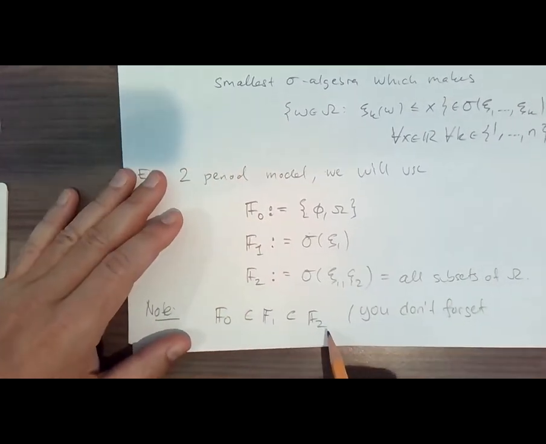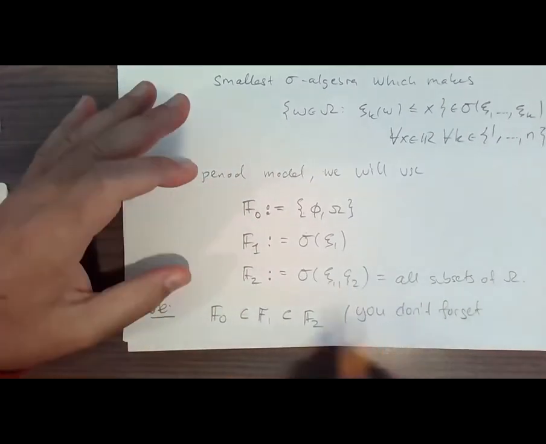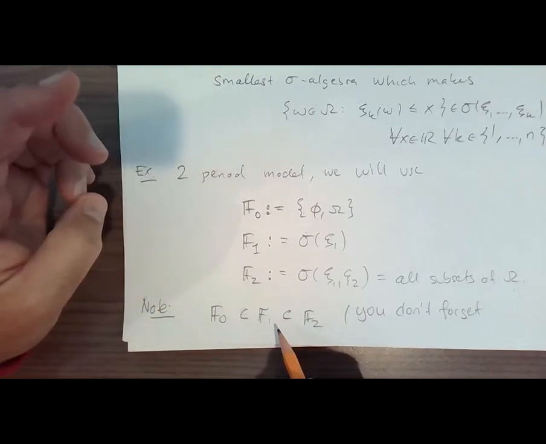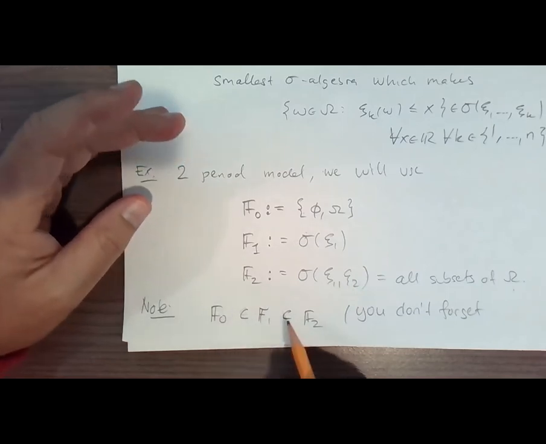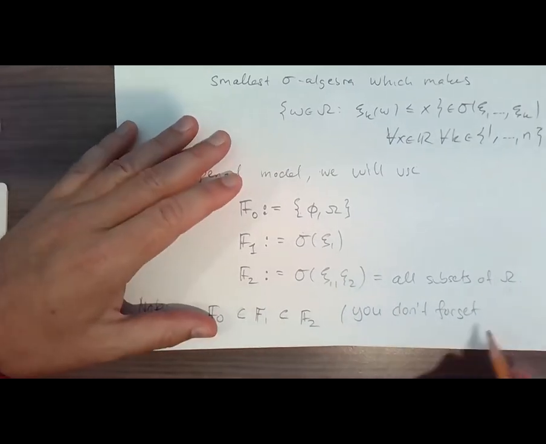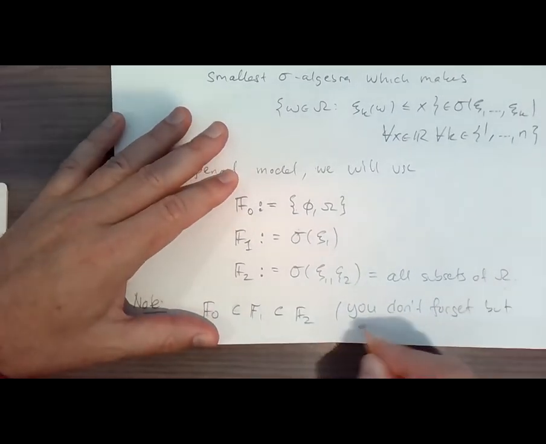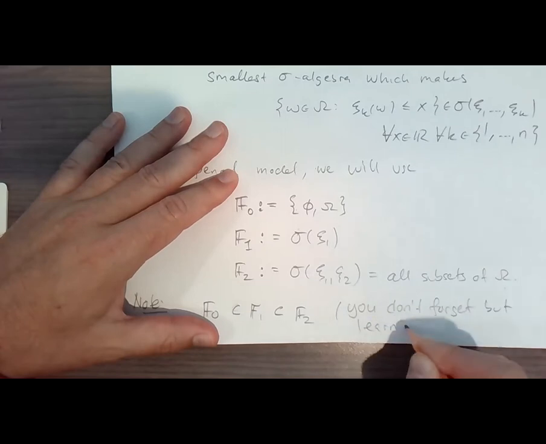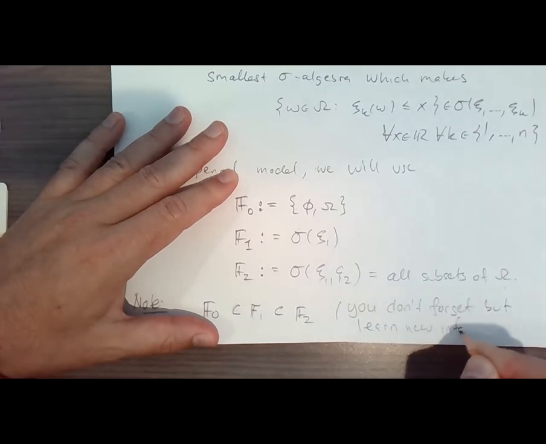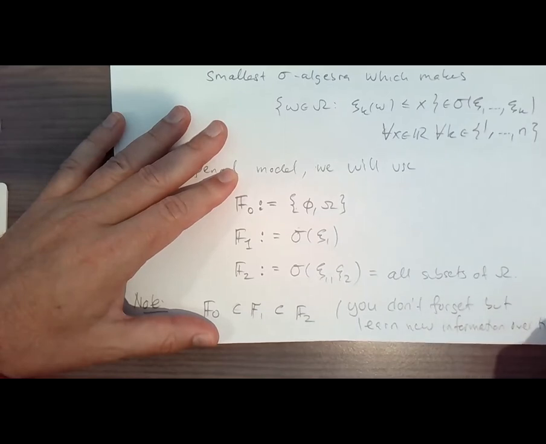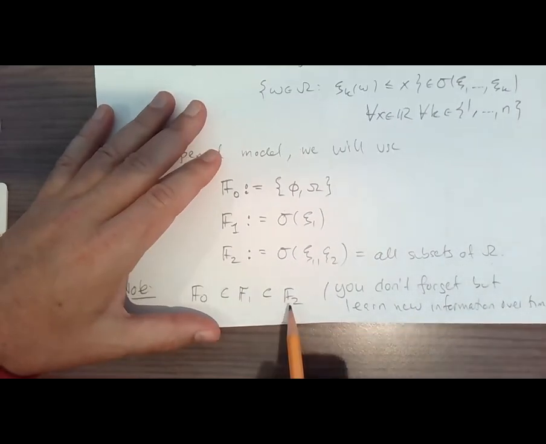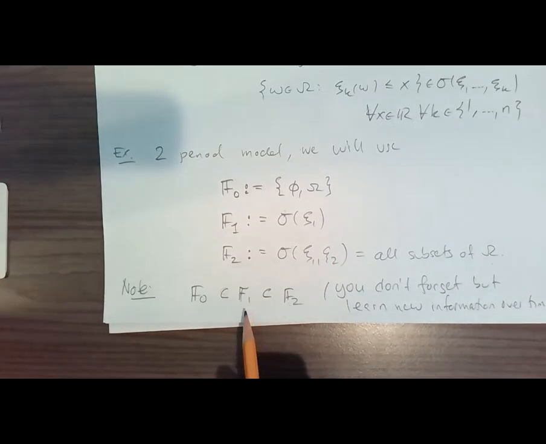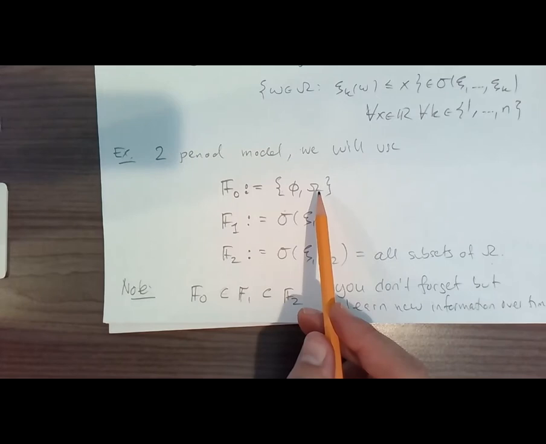F2 is to model the information that we have at time 2. F1 is to model the information you have at time 1, and so on. And so what this means is that you don't forget, but learn new information over time. So F2 is information you have at time 2, F1 is what you have at time 1, F0 is what you begin with, and here you begin with no information.